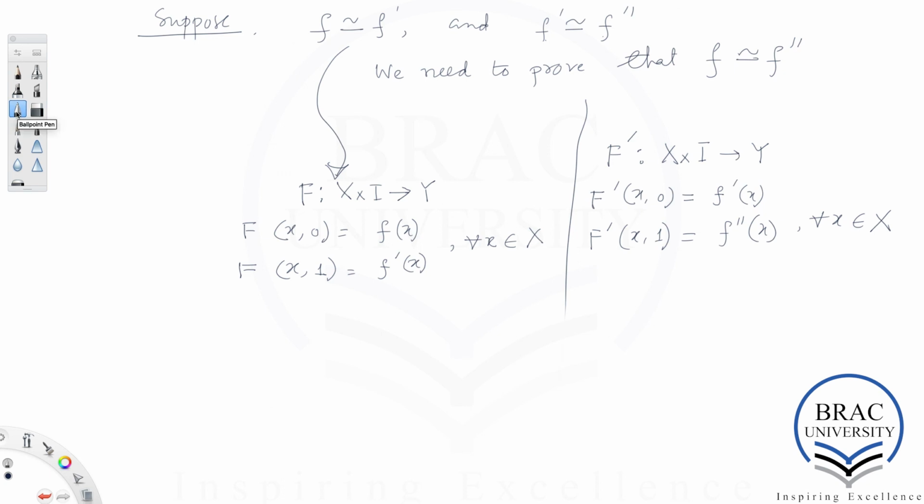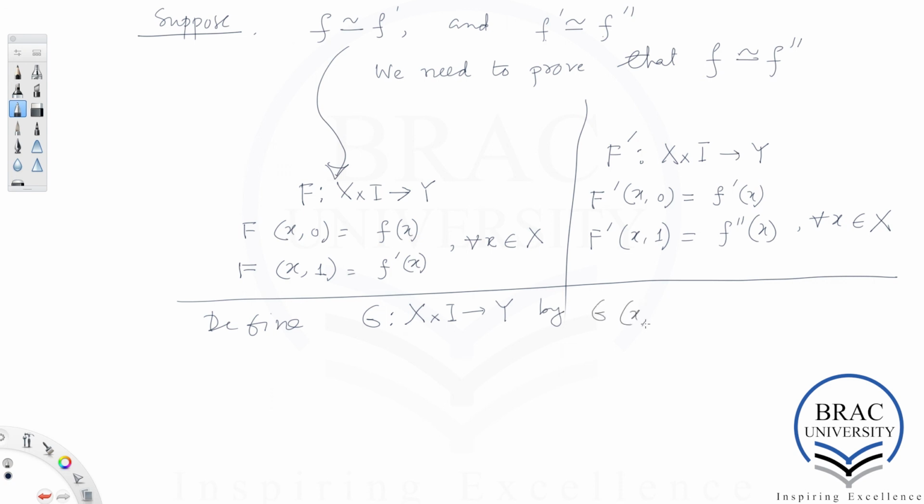Okay, now we define big G from the topological space X cross I to the topological space Y by G of x comma t is equal to F of x comma 2t, where t belongs to the closed interval 0 to 1/2, and G of x comma t is equal to F prime of x comma 2t minus 1 when t belongs to 1/2 to 1.